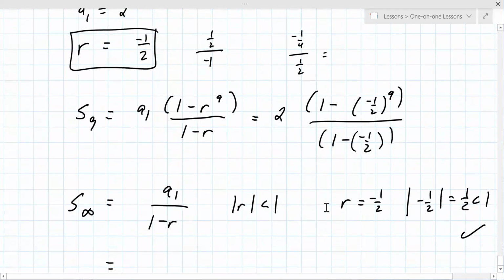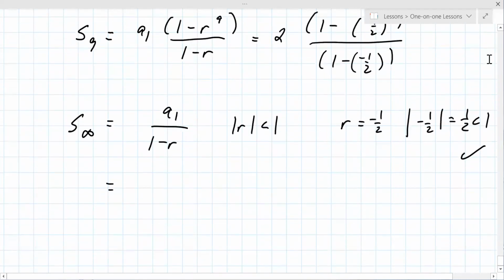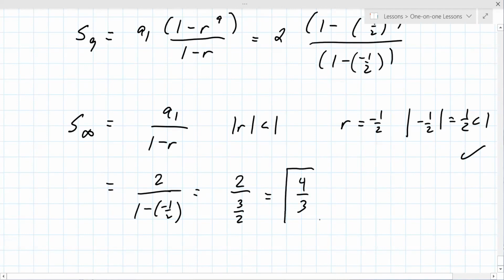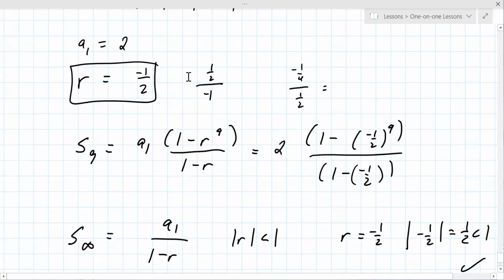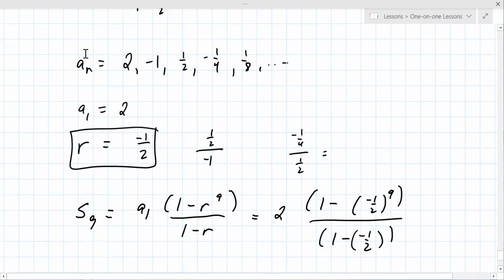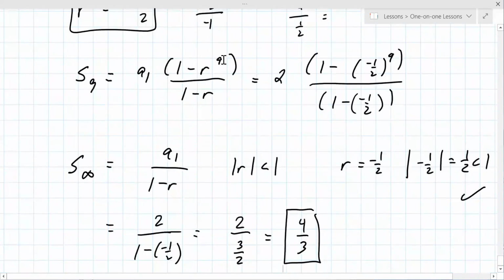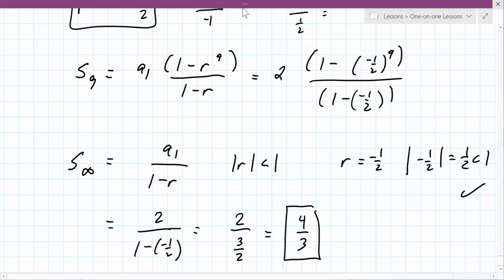I just made that up, but it's 2 over 1 minus -1/2. So this is 2 over 3/2, and this reduces to 4/3. Believe it or not, this thing becomes 4/3. Oh, wow, that's so odd. Yes, it is.